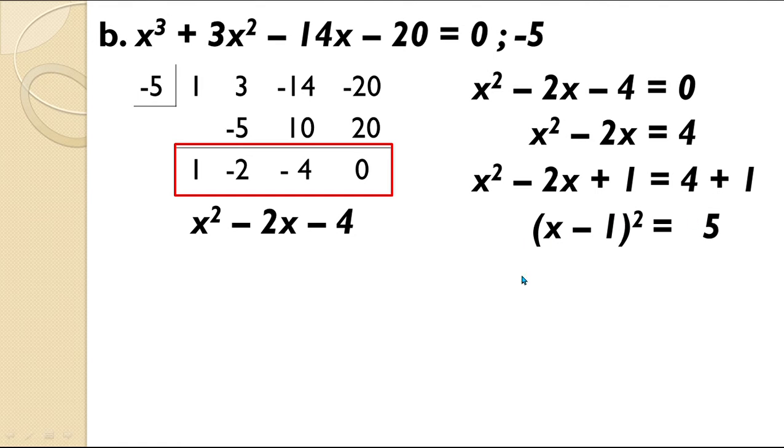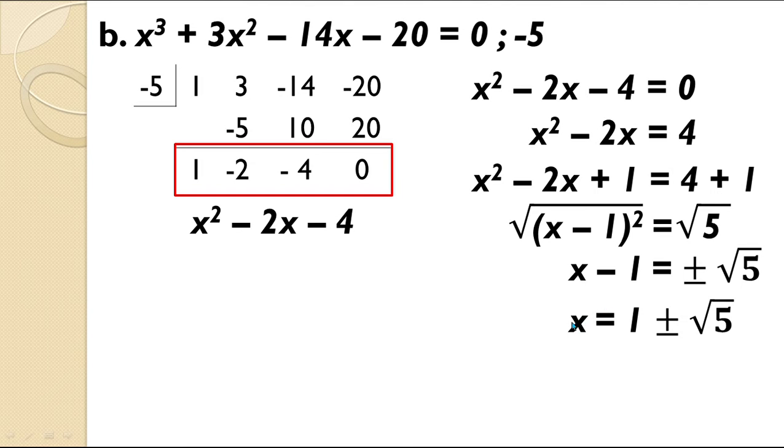Next step is use the extracting the square root. Then, x minus 1 is equal to positive negative square root of 5. So, 5 ay naka-remain siyang radicand dahil 5 is not a perfect square. And x is equal to negative 1, transpose it to the right side, magiging positive.